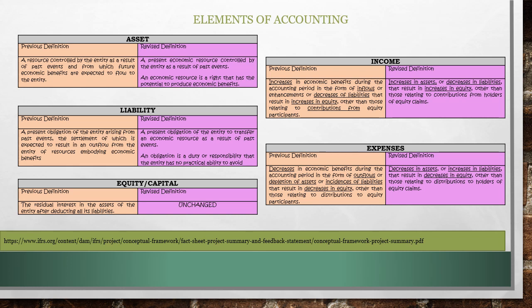But according to the International Financial Reporting Standards, and based on the project summary, the revised definition now of the asset is a present economic resource controlled by the entity as a result of past events.